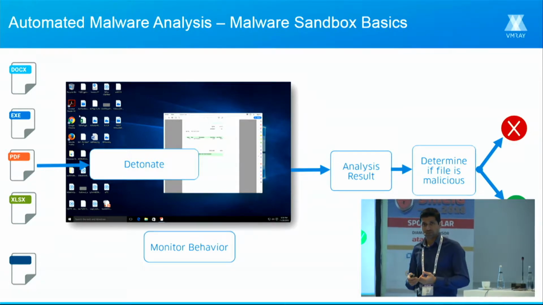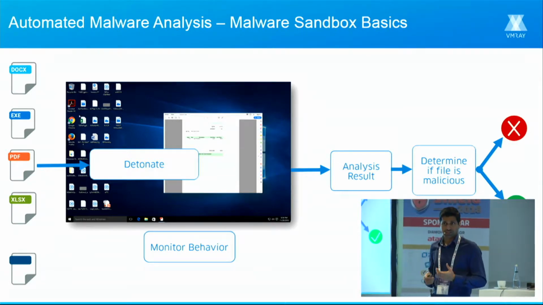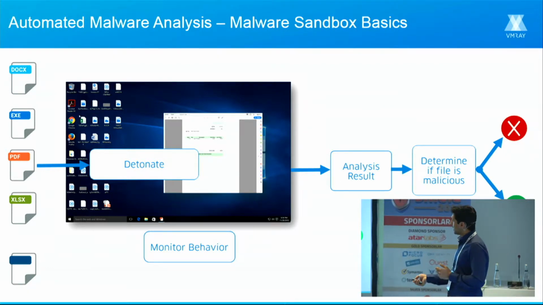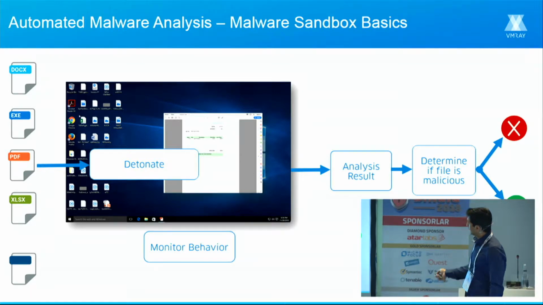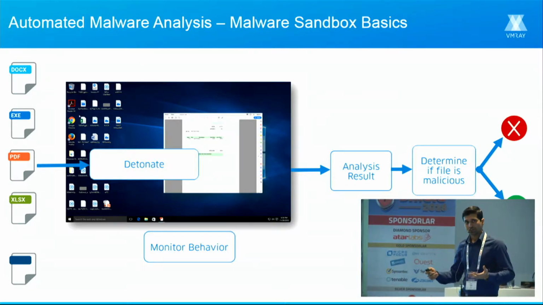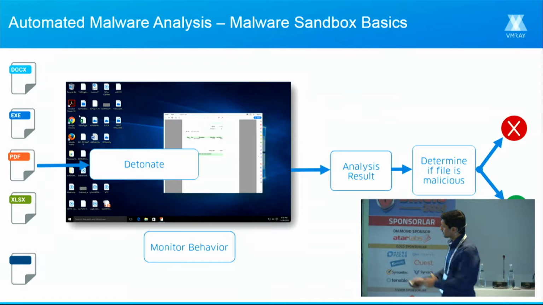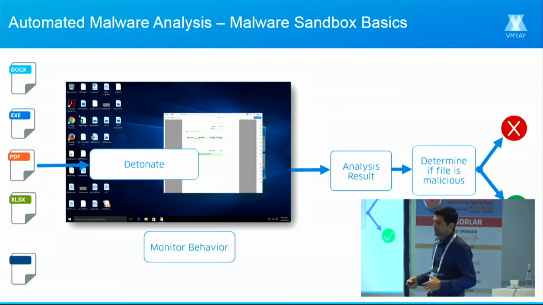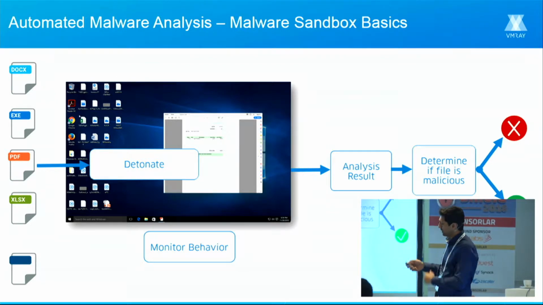So is this file trying to contact a remote host? Is this file trying to change some registry keys on the system? Everything will then be provided in the analysis result, and you can make a determination if the file is good or bad. So this is what malware sandboxing is, and as I mentioned, there are many approaches to malware sandboxing.